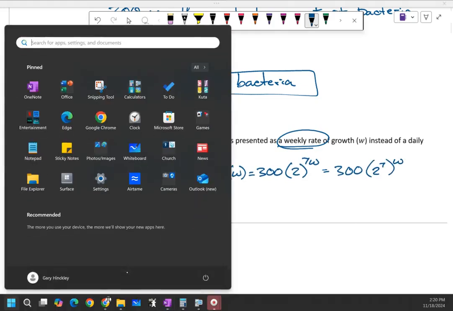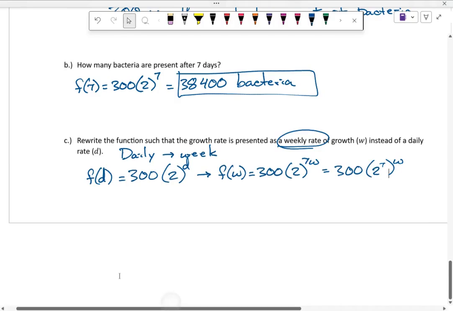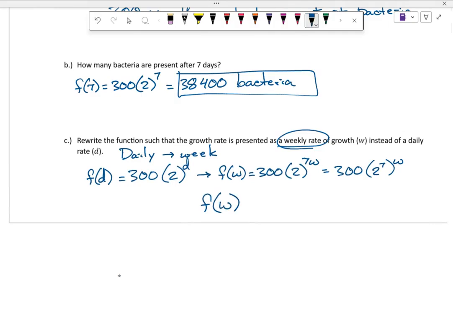So again, 2 to the 7th, real quick on our calculator, is equal to 128. So our equivalent function, but as a weekly rate of growth instead of a daily rate of growth, would be 300 times 128 to the w. So that would be per week instead of per day.